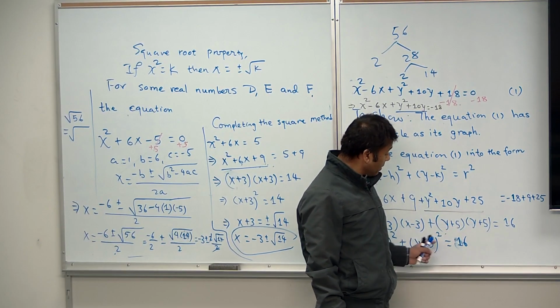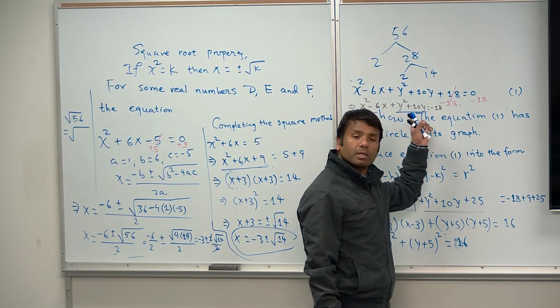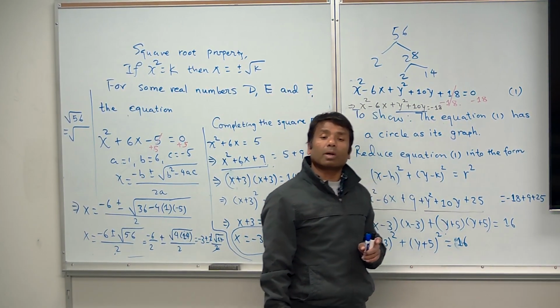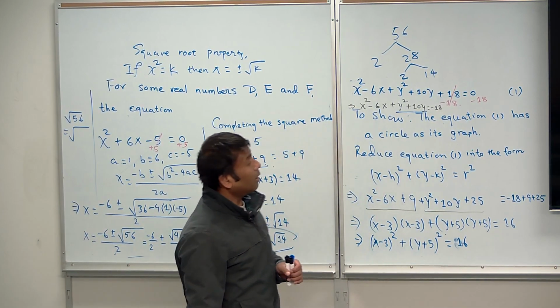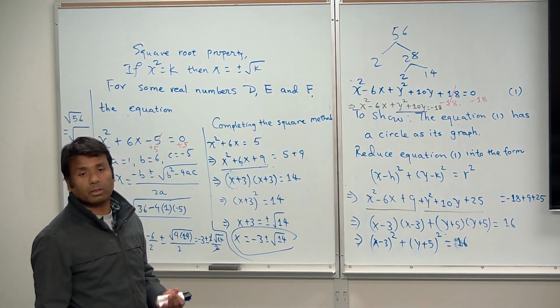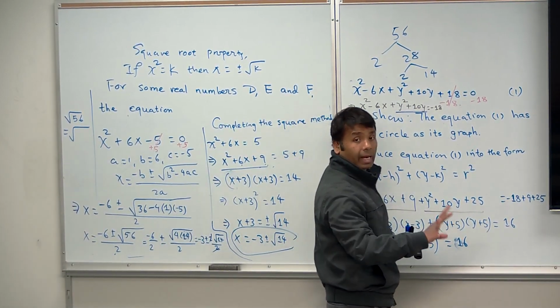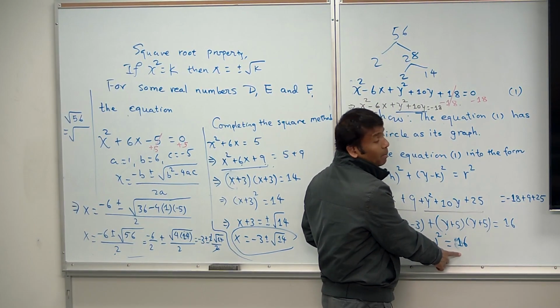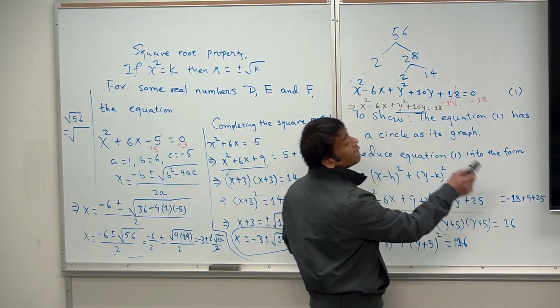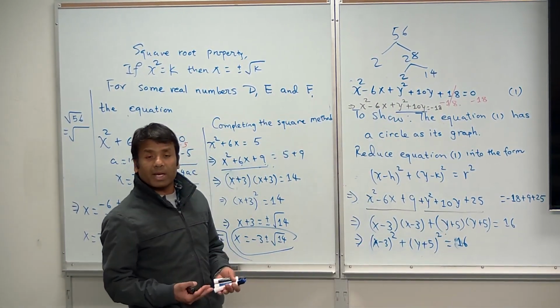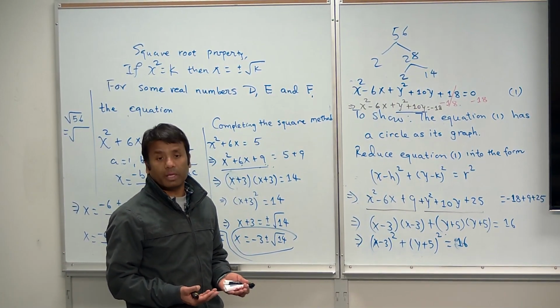If this is positive, then the equation represents the equation of the circle, right? The graph of the equation is a circle. If after doing all this stuff you got a negative number here, that means there are no points that satisfy the given equation.